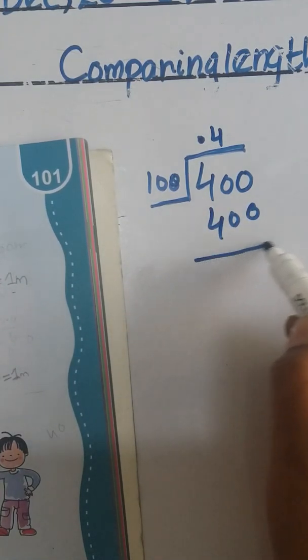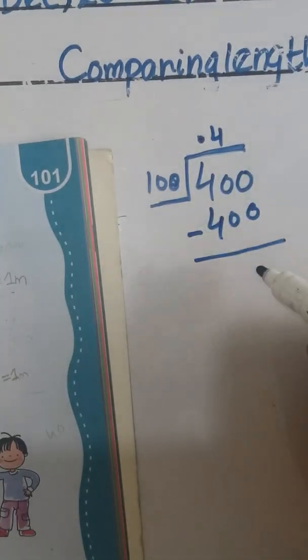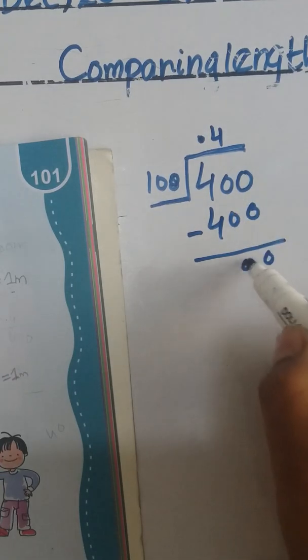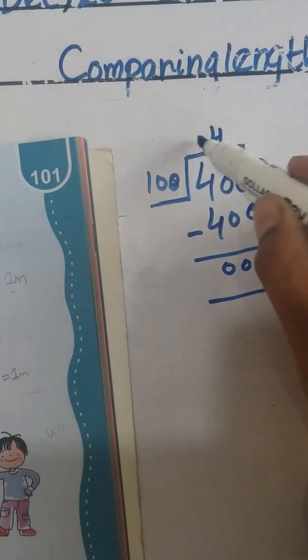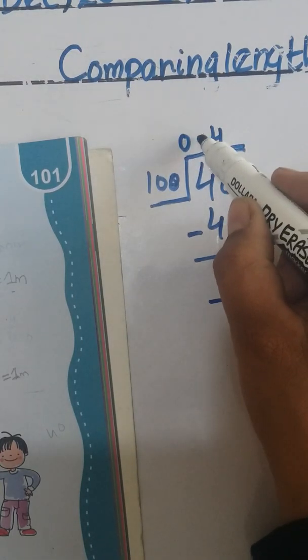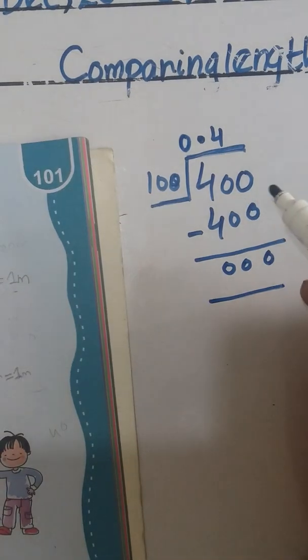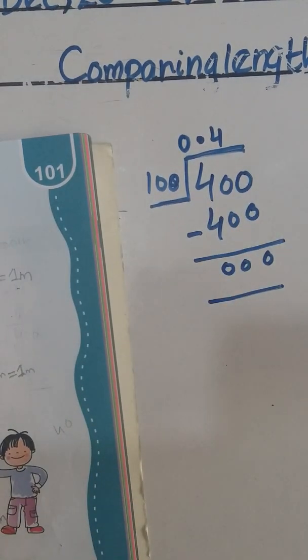Okay, grade 1, it is a bit difficult, but you will understand. Now if you subtract, 0, 0, 0 and 4, 4, 4 minus 4 is 0. We always put 0 before the point. So our answer is 0.04.